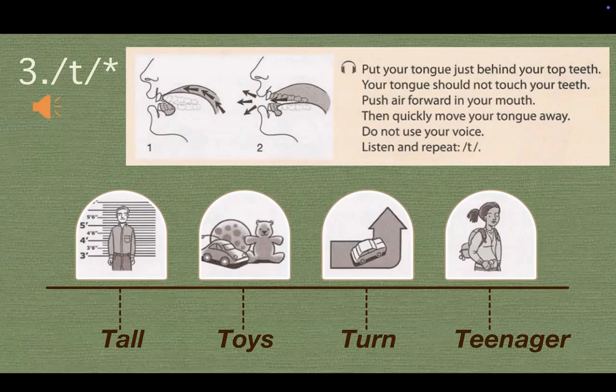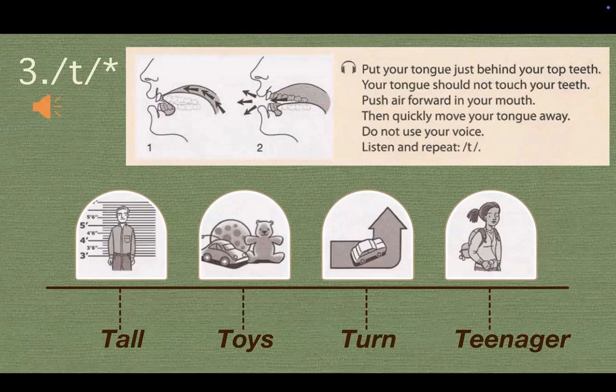Okay, next we move on to the voiceless consonant sound T. To make this sound, you need to put your tongue just behind your top teeth, and the tongue should not touch your teeth. Put your air forward in your mouth, then quickly move your tongue away. Do not use your voice.